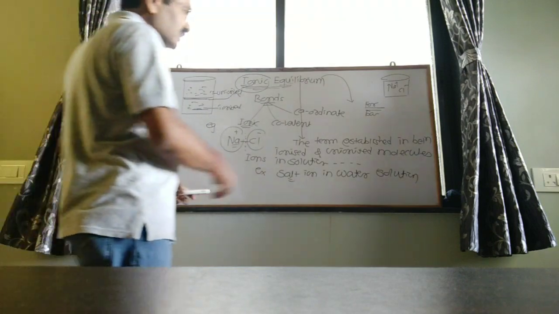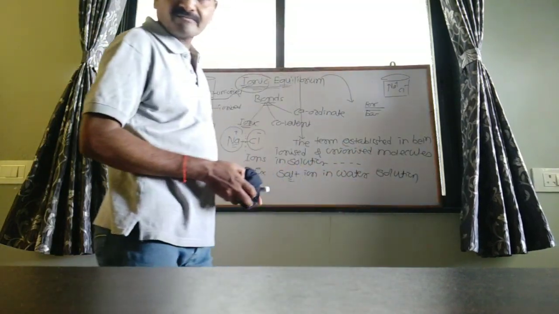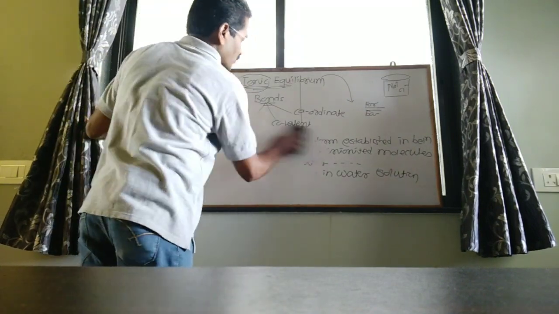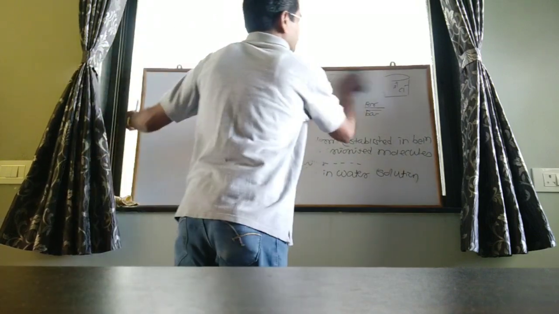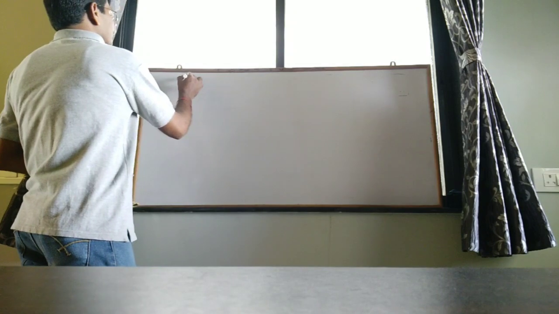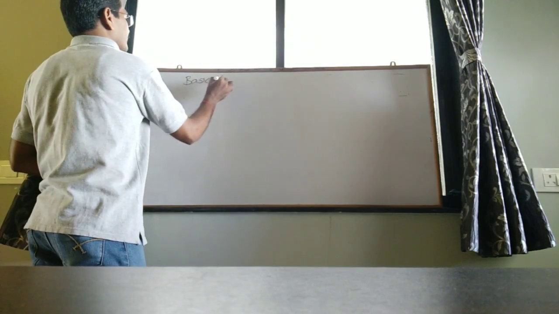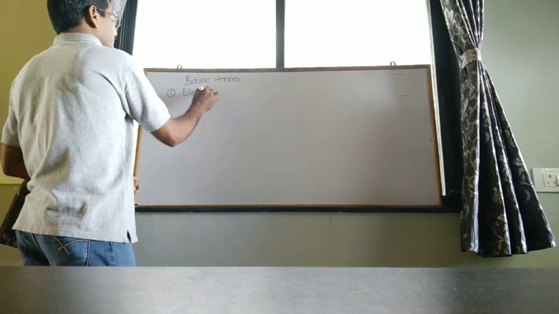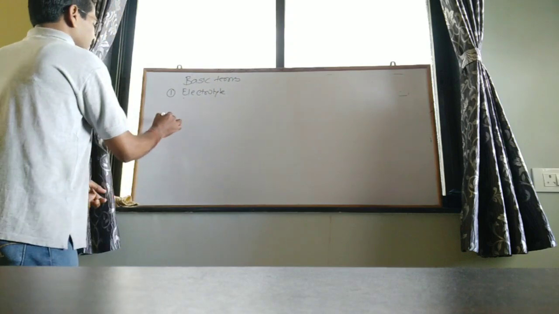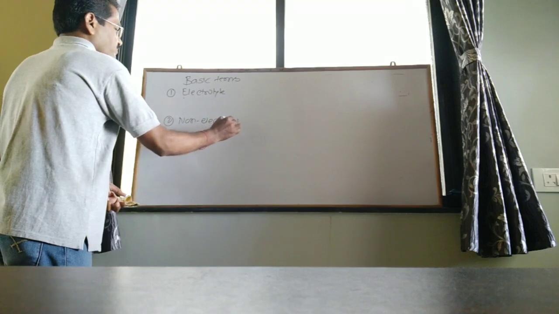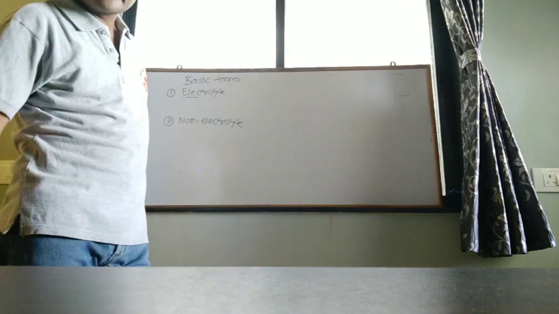After that, see the basic terms which are considered for the ionic equilibrium. First, electrolyte. Second one is the non-electrolyte. What is electrolyte?